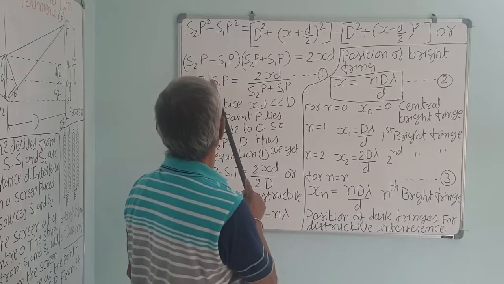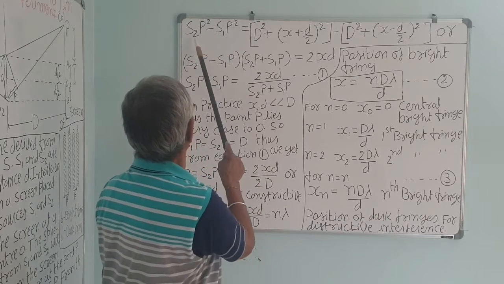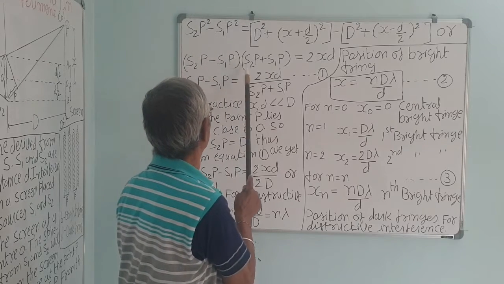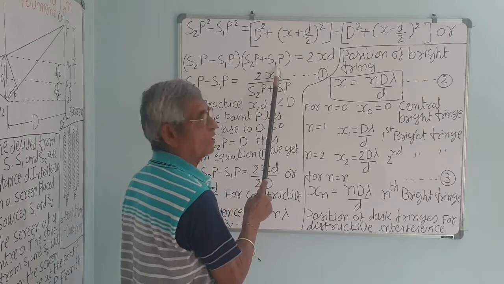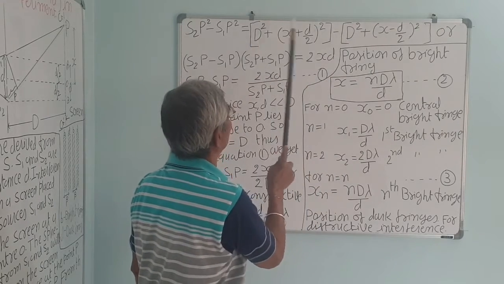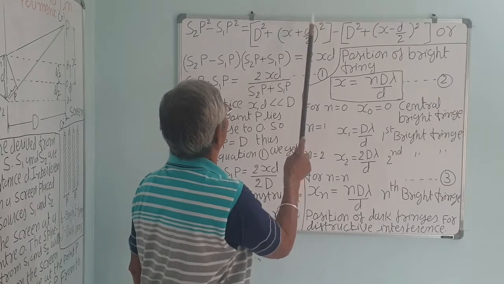Or you can write, factorizing like a square minus b square, S2P minus S1P into the bracket S2P plus S1P, is equal to 2xd. Other terms will be cancelled: d square minus d square, x square minus x square.